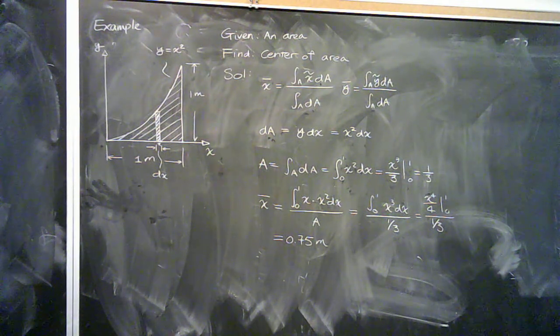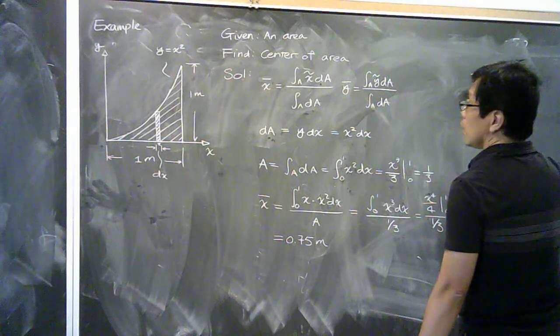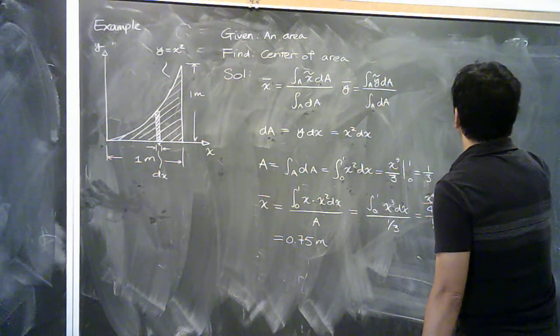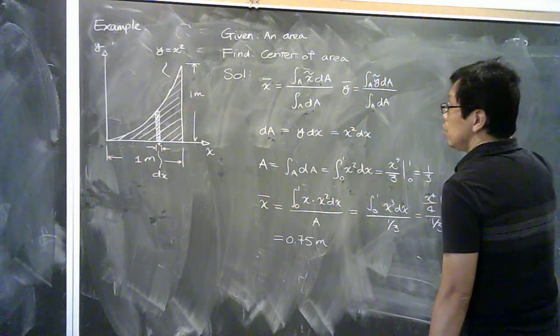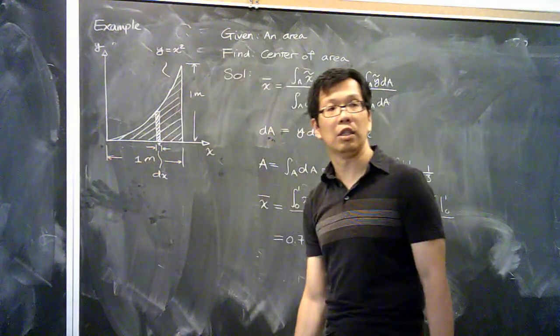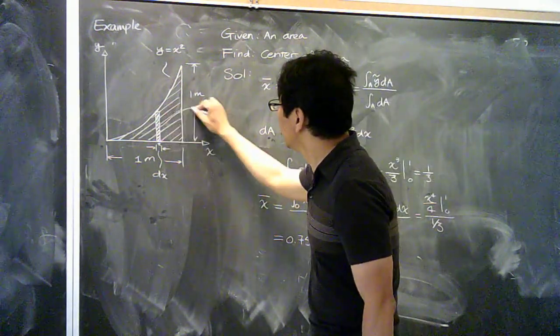Okay. The next step we need to do is the y direction. The y direction is going to be a little bit tricky, but still it's not so difficult to understand. We would need to determine the location of the y tilde over here.